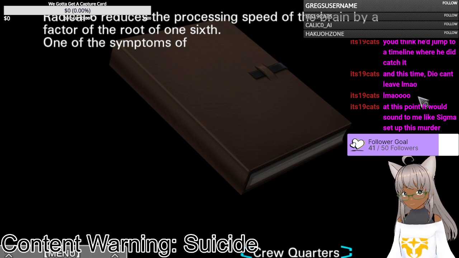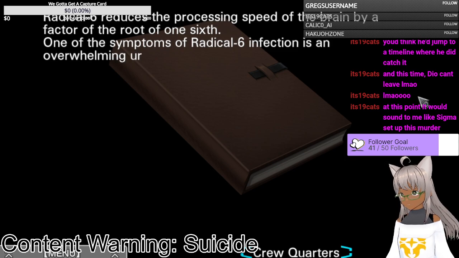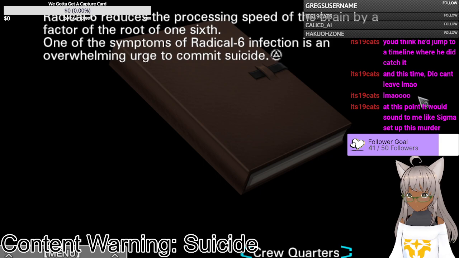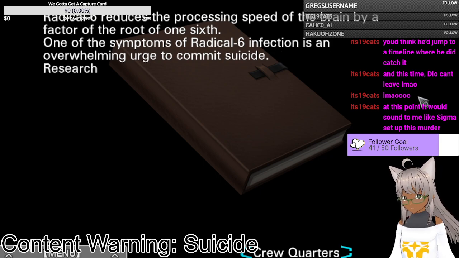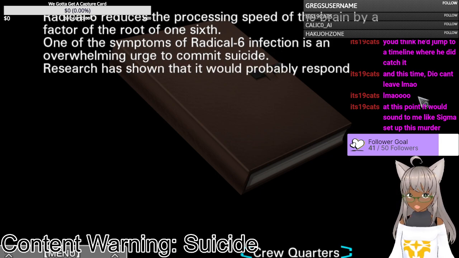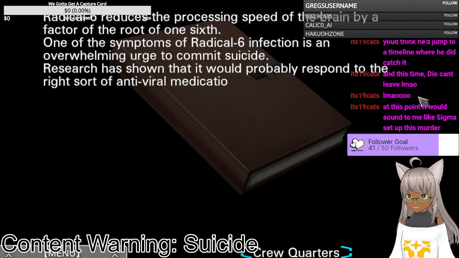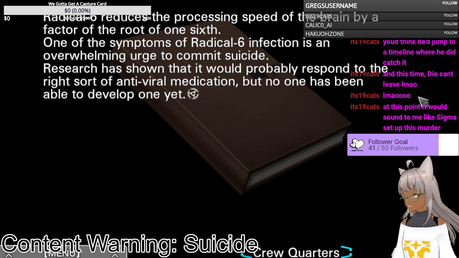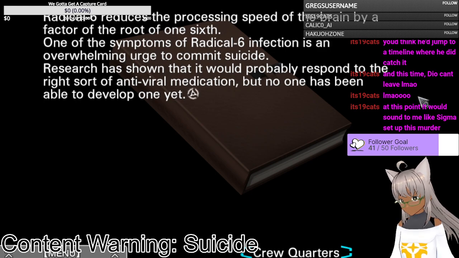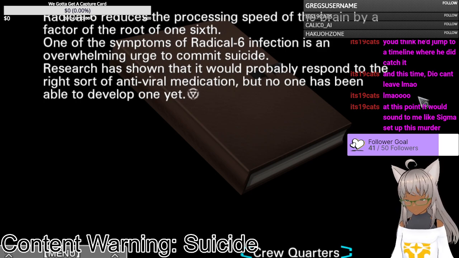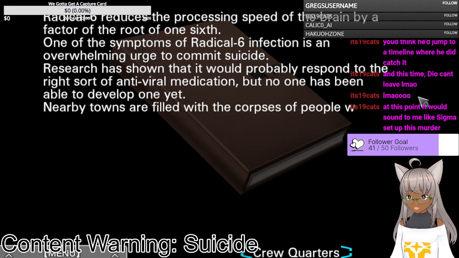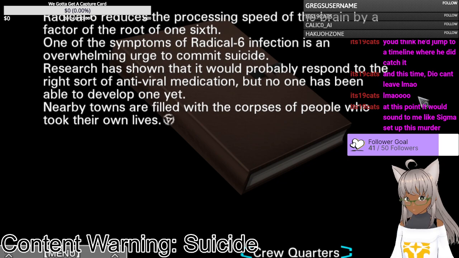Radical 6 reduces the processing speed of the brain. Research has shown that it would probably respond to the right sort of antiviral medication, but no one has been able to develop one yet. Nearby towns are filled with the corpses of people who have been infected with Radical 6.